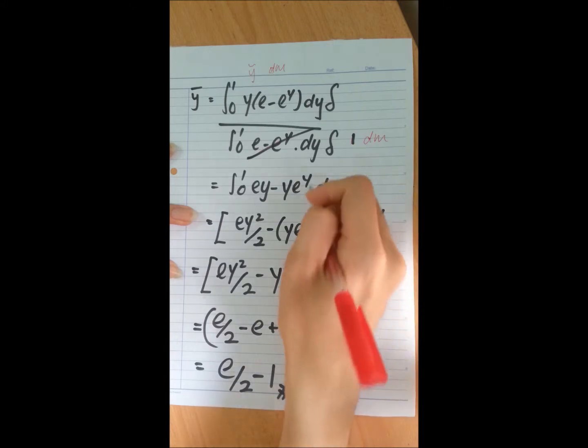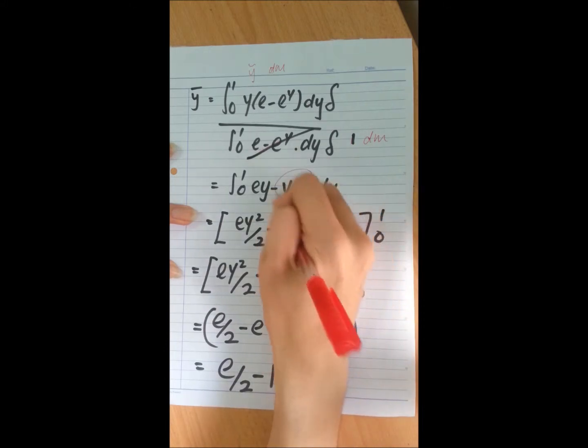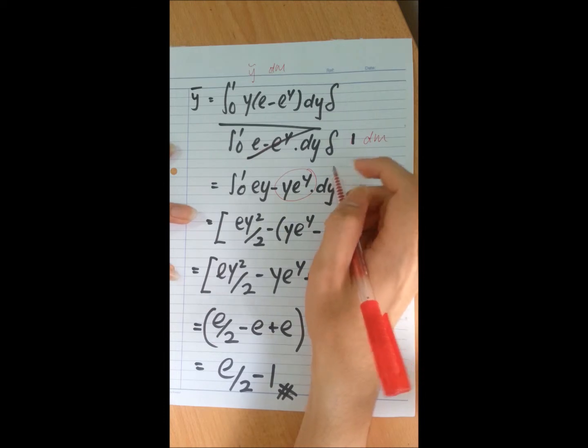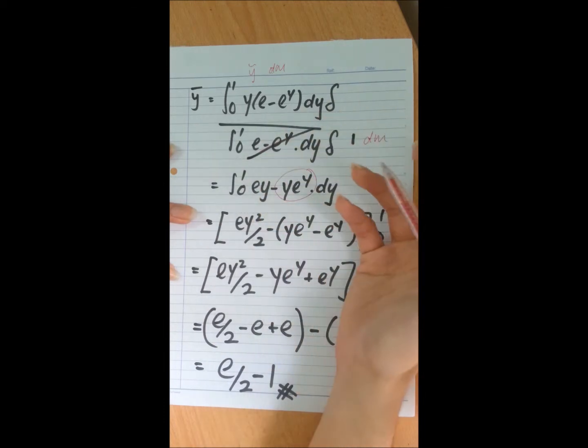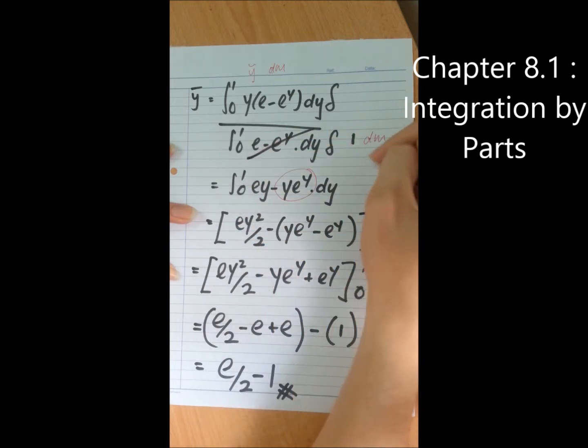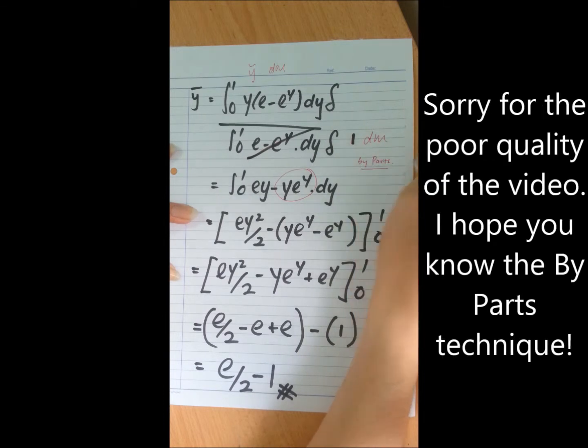But here comes the challenge, because you have to integrate y e to the power of y, which requires some advanced integrating skills, namely integration by parts that we have learned in chapter 8. To make things simple, as a sort of shortcut, this is the table: differentiating with respect to dy and integrating.